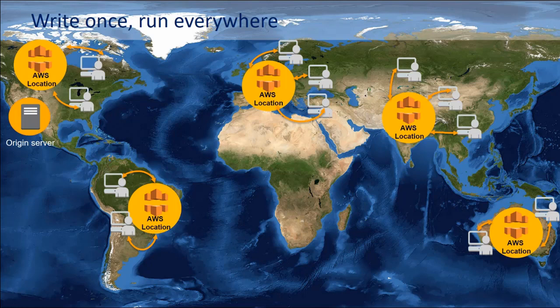So going back to the scenario, when the user in Australia tries to access the content, CloudFront will automatically route the request to an AWS location that is local to that user. So in this example, it would be an edge location in Australia. And since your Lambda function is replicated worldwide, the function is now available at the location closer to the end user. This would translate to faster response time and lower latency for the end user.